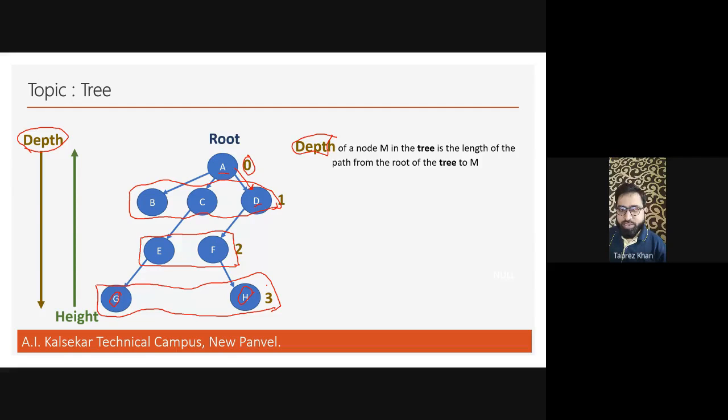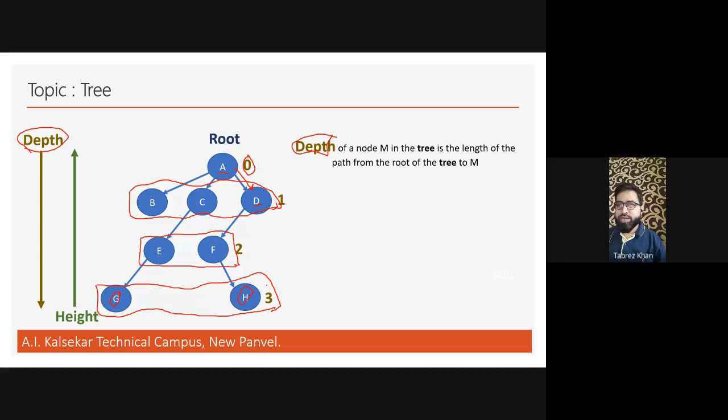You need to see the depth of a leaf node with the longest path. I repeat, the depth of a leaf node with the longest path is the depth of the tree.